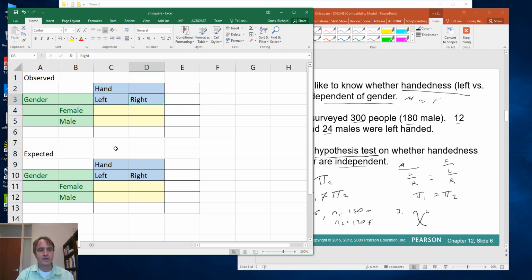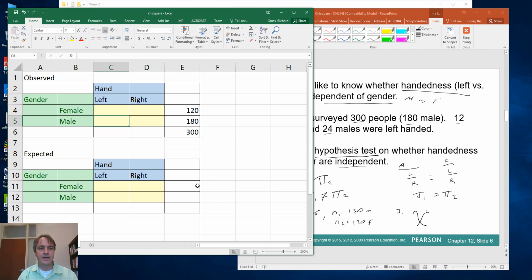Now I can fill in my observed, and then I have to think about how many I would have expected. We said that we surveyed 300 people, so it's a 300 total down here, and 180 male, which means we had 120 females.